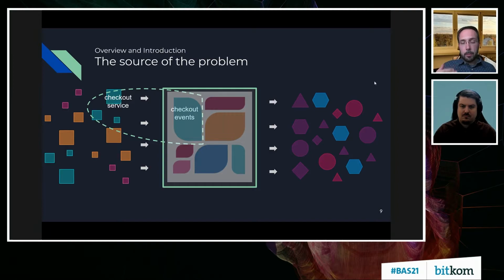Now, the problem in this situation is that the boundaries of responsibility cut through domain boundaries. So when you look at it, the knowledge about checkouts is now scattered across several teams.